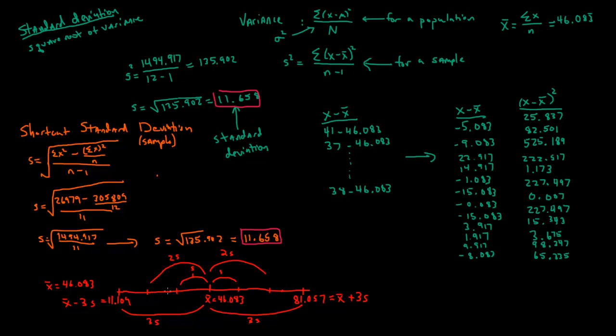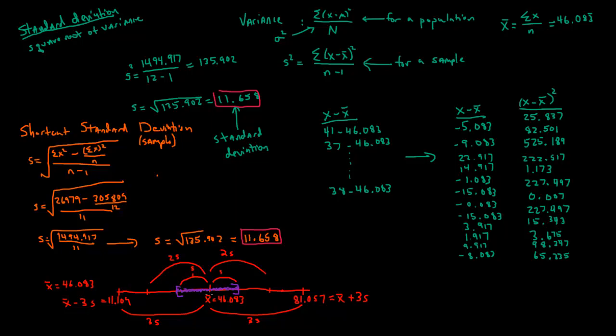So we have something called the empirical rule, which says if you are within 1 standard deviation of the mean, on this interval right here, within 1 below and 1 above, there is about 68% of the data.